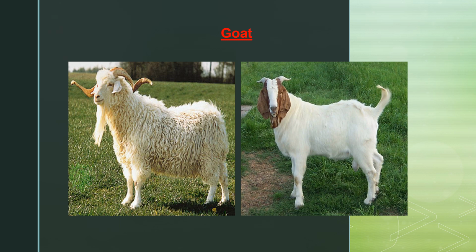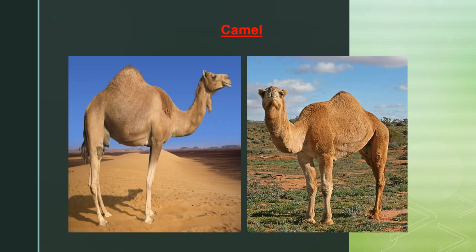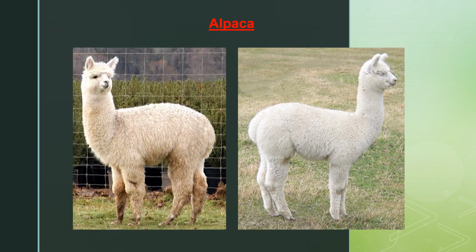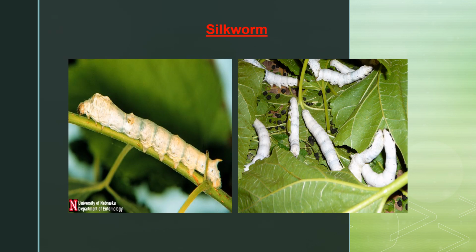The mountain goat has longer fibers which are grown for varieties of different types of wool. This is yak, camel, llama, alpaca, and this is silkworm from which you get the silk.